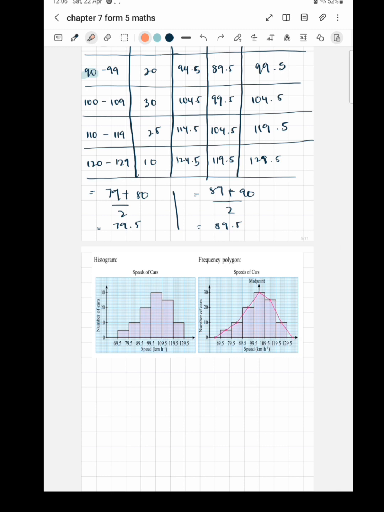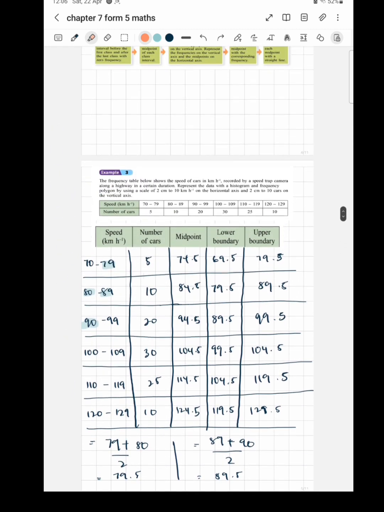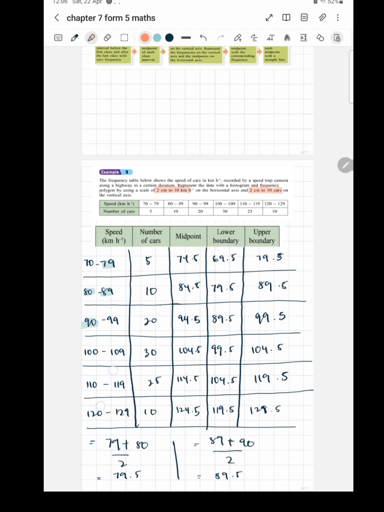Okay, so now I'm going to be explaining the histogram and frequency polygon graph. As you can see here, I've got ready-drawn graphs. Normally in the question, they will already provide you the scale for the horizontal axis and the vertical axis. In this case, the scale for the horizontal axis is 2 cm to 10 km, and the vertical axis is 2 cm to 10 cars.